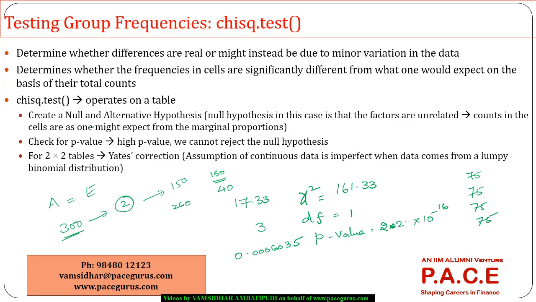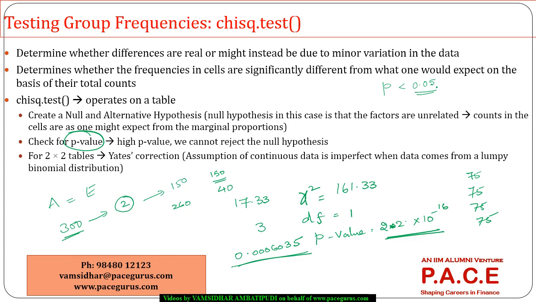Now, to evaluate it, I check the p-value. The p-value in this case is 2.2 into 10 to the power of minus 16. In the other case, it is 0.0006. The first thing I check is whether the p-value is less than the significance level I am setting.